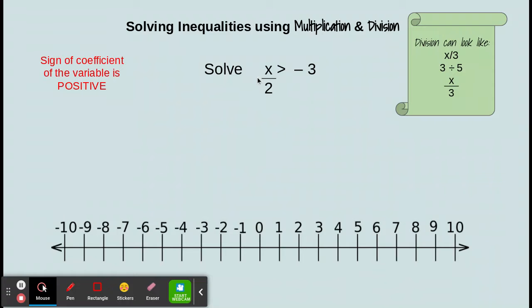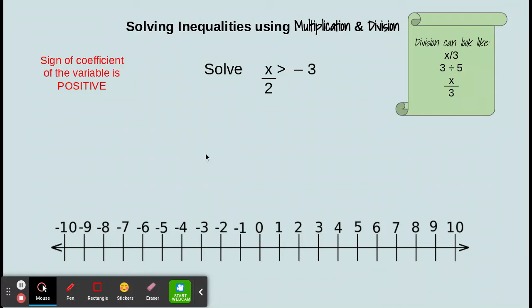And I'm making this clear and restating it because we do something different when the sign of the coefficient of the variable is negative, okay? But that's the second half of this video. So for the first half of this video, let's just concentrate when the coefficient of the variable is positive.